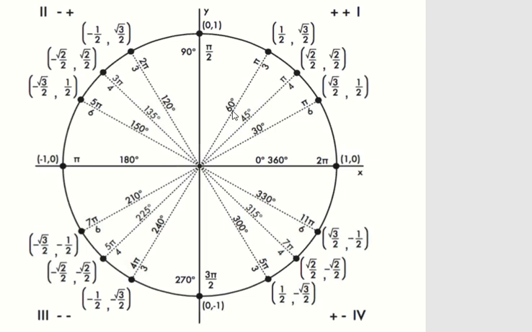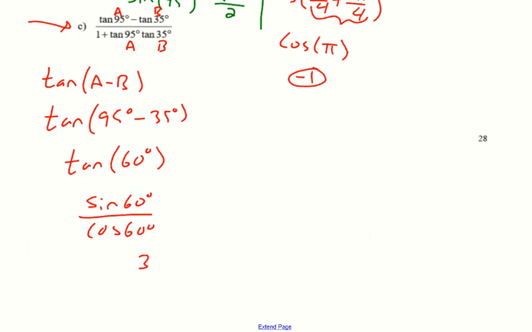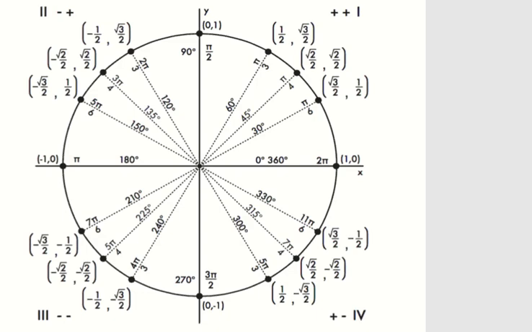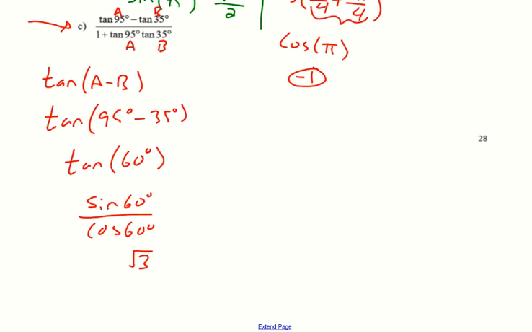You're having sine over cos, so root 3 over 2 divided by a half. Sorry, I said pi, didn't I? That was stupid. Root 3 over 2 divided by 1 over 2. If I flip all of that, the 2's cancel, and you end up with just root 3. Hopefully that's making sense there.